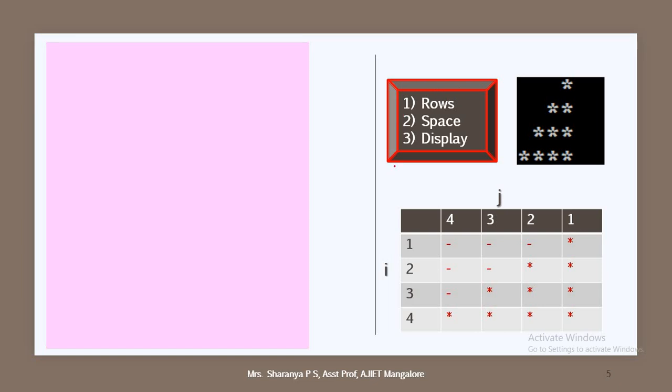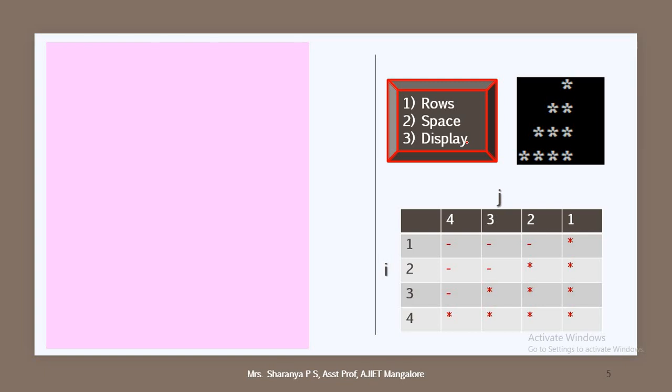So, we are coming across 3 different aspects, which means we have to run 3 different for loops. The first for loop is used for rows, and it runs based on the number of lines to be printed onto the output screen. The second for loop is run for the space.